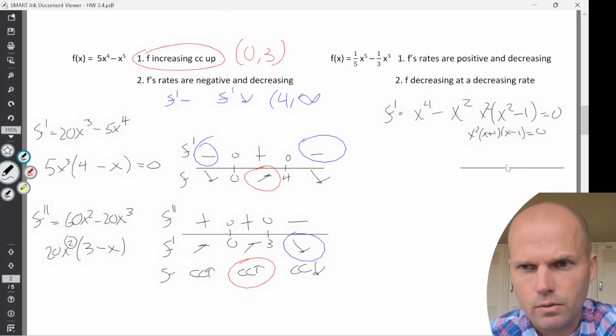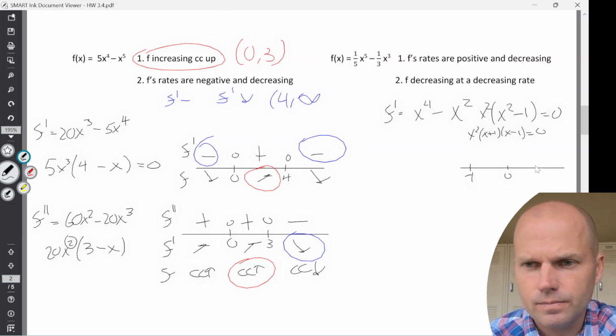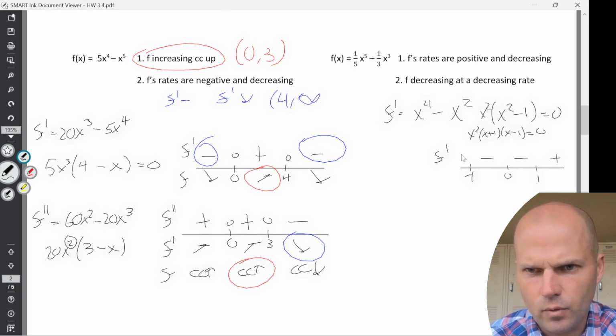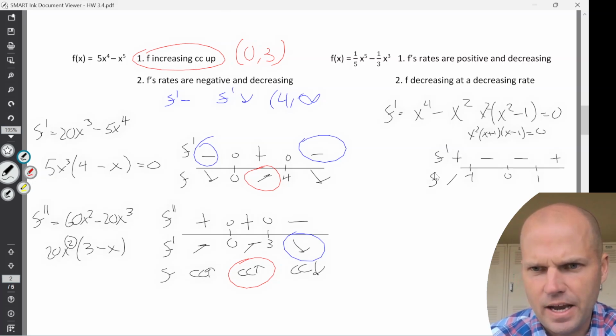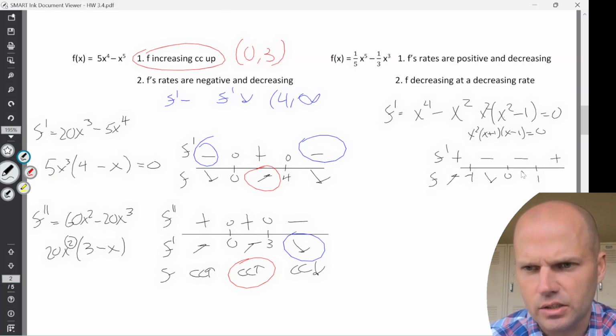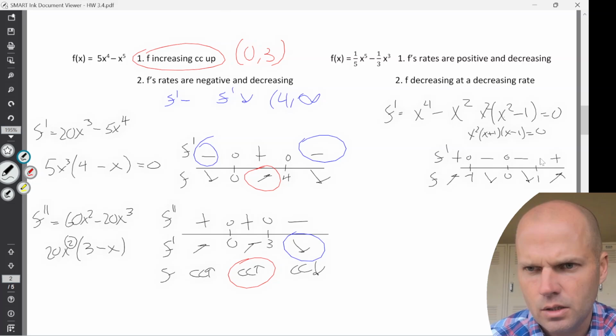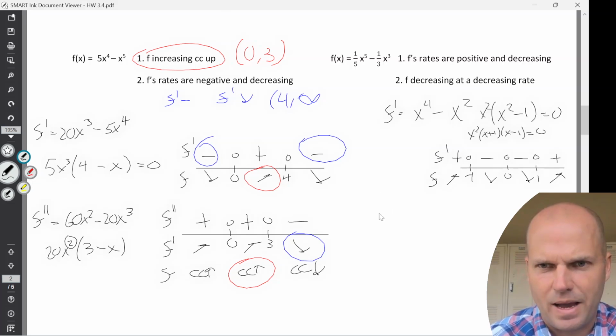So we got 0, we got negative 1, we got positive 1. Not going to change sign at 0. It will change signs at positive 1 and negative 1. So that's telling me how f is changing, increasing, decreasing, decreasing, increasing. We got maxes, we got mins. We have a critical point that is neither a max nor min.